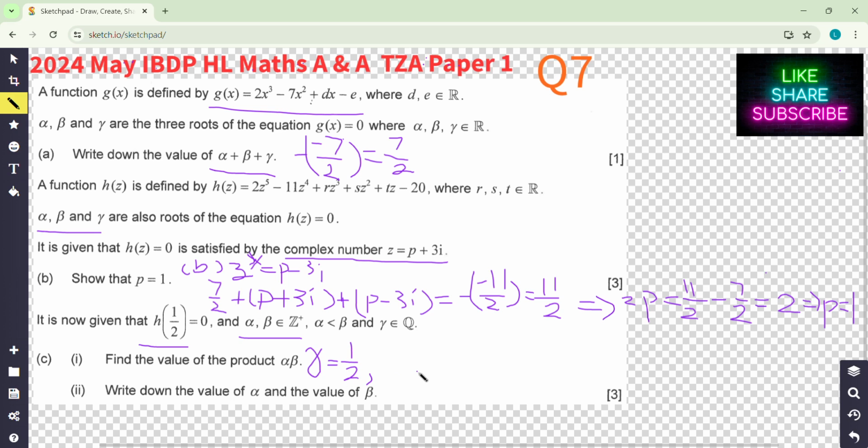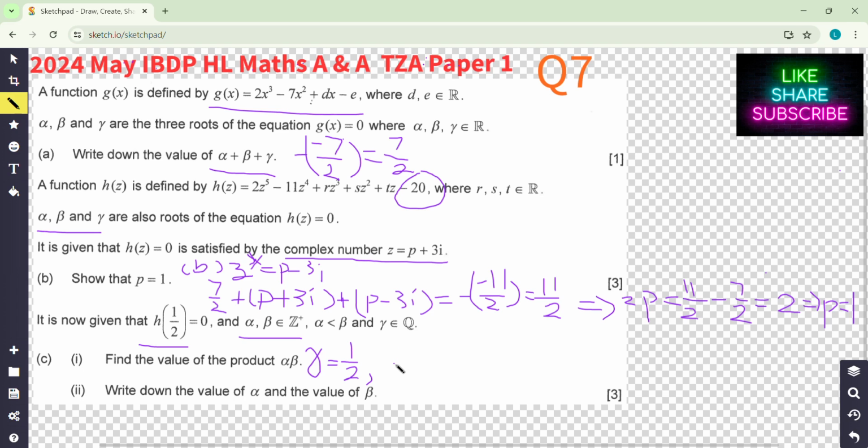And then what else do we know? Think about it. No more numbers. What is the number we missed? Negative 20. Yeah, the last number we have is here. This negative 20 is the product of the 5 roots, where the roots multiplied together give negative 20. Okay, good. So I remember it is over 2.